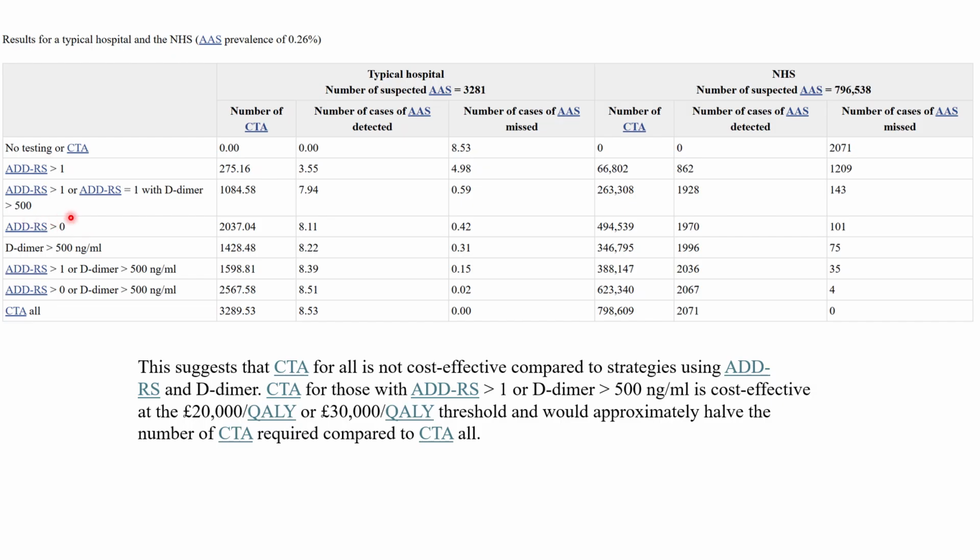So this is the strategy that we're interested in. If there's an ADRS score of above 1, or an ADRS score of 1 with a D-dimer of more than 0.5, that's the one strategy that this ADvISED trial proposes. Then we will find 8 cases, and you will do 1,000 CT scans.